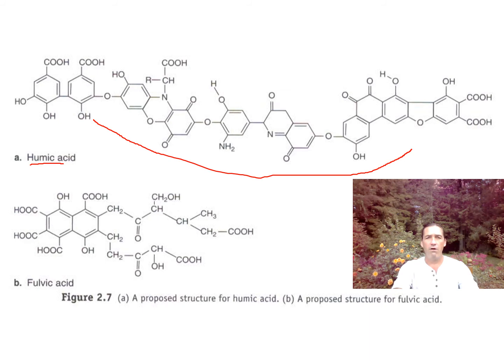I imagine them as somewhat like snowflakes, where each molecule is a little bit different, but they're degradation products of the decomposition of lignin. Bacteria chew up the lignin in the cell walls of plants, and they use some of the chemical energy for their metabolism, but they leave around these humic and fulvic acids.